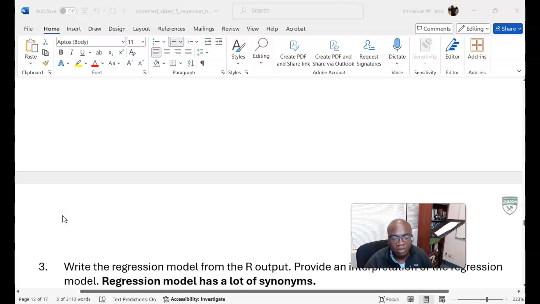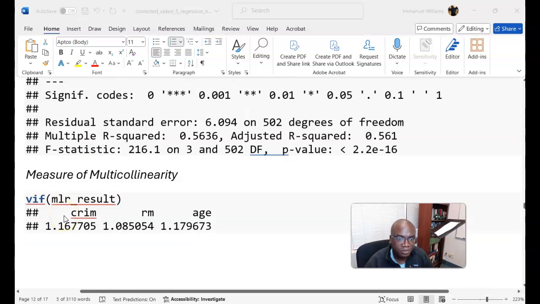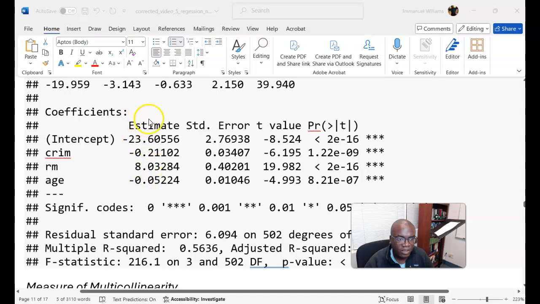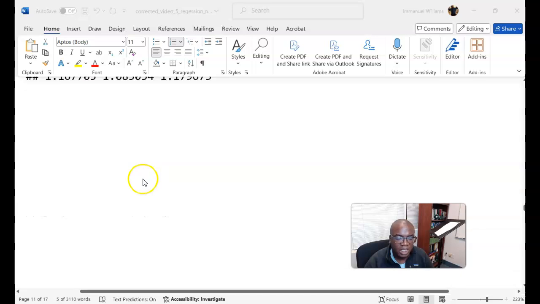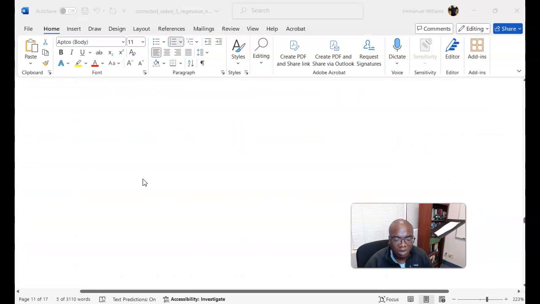Write the regression model from our output. So remember that regression model up here involving these estimates. That's what I'm asking for. Okay. And so this is how I wrote it.